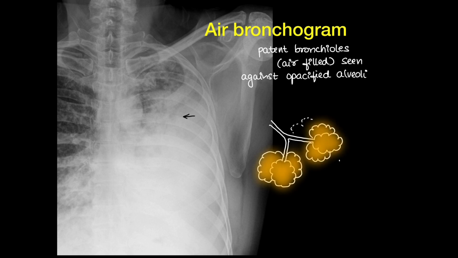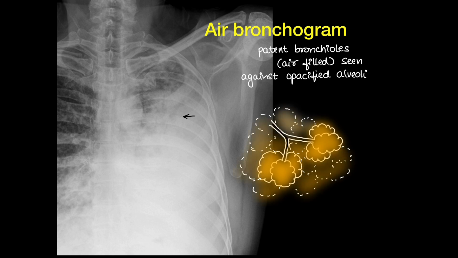Many of the alveoli in the background are filled with abnormal material, and the airways are filled with air. So they will stand out as black structures against the white opacity or background. That is called air bronchogram. This is a sign of consolidation.